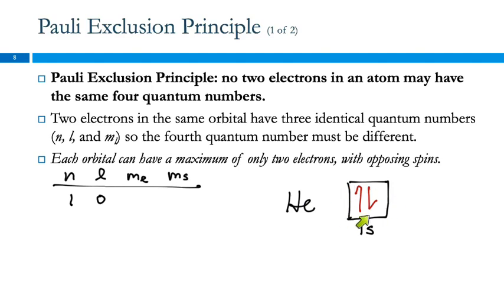And then in this orbital, what's M sub L? It would have to be 0, because M sub L goes from negative L up to positive L. So from negative 0 to positive 0. So it's 0, right?